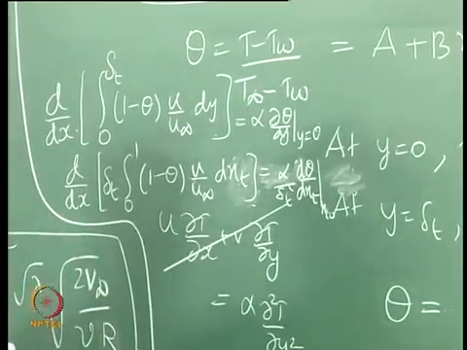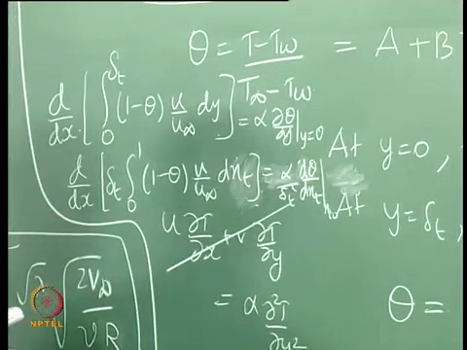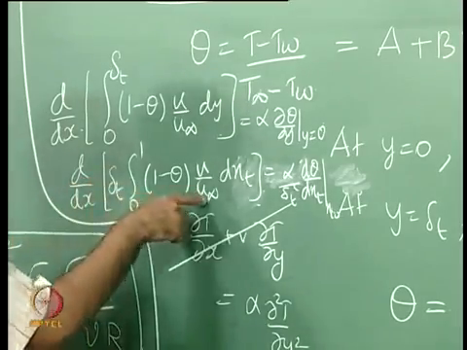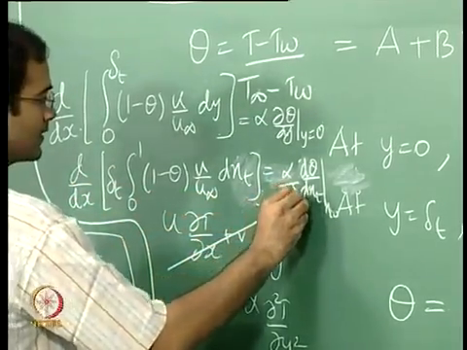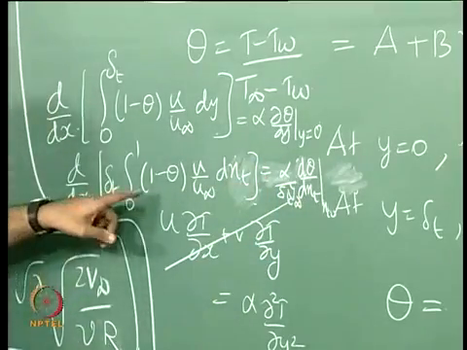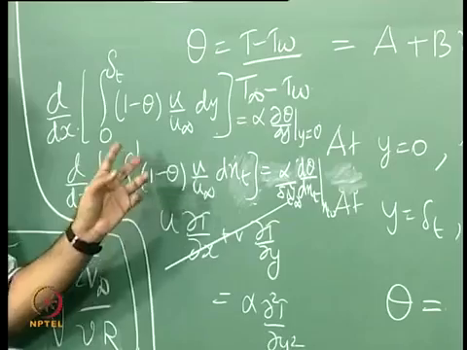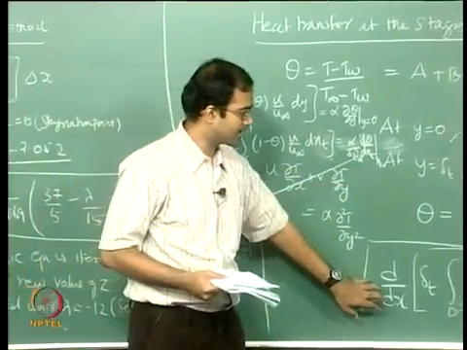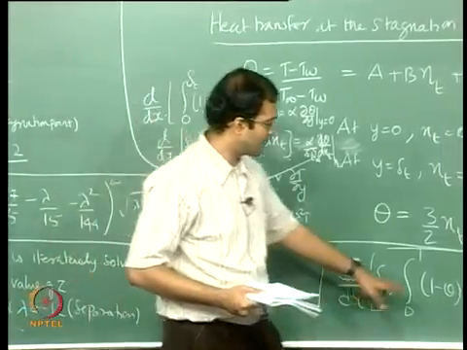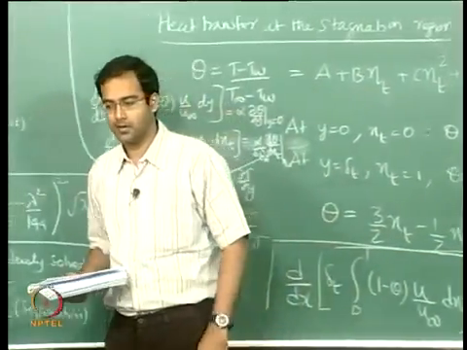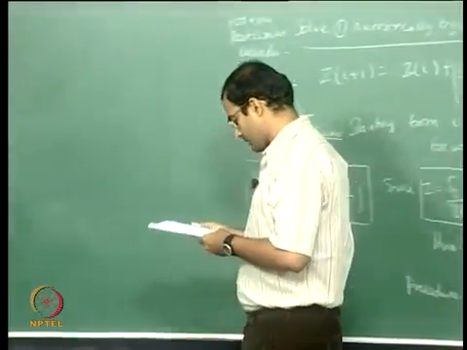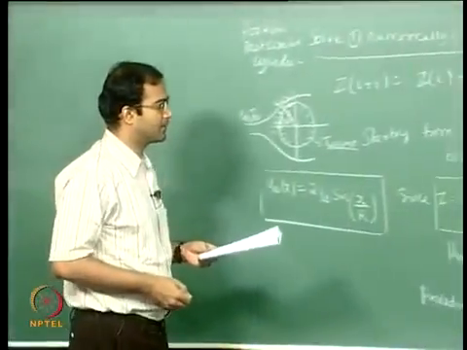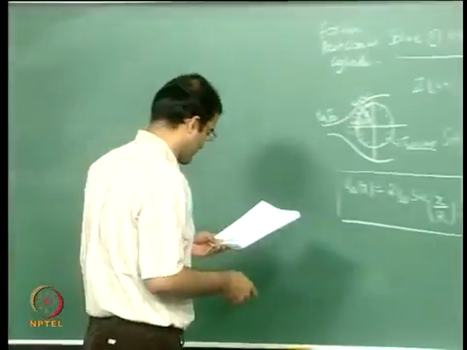I am multiplying and dividing by u infinity, and that u infinity is taken to the right hand side. This is the final form in terms of non-dimensional theta and non-dimensional coordinate eta t. Now I can substitute my temperature profile and the velocity profile from the quartic polynomial into equation 1.